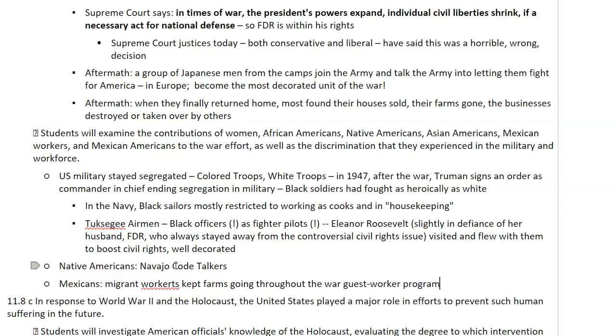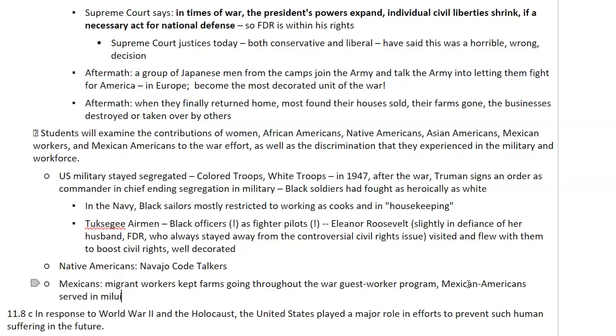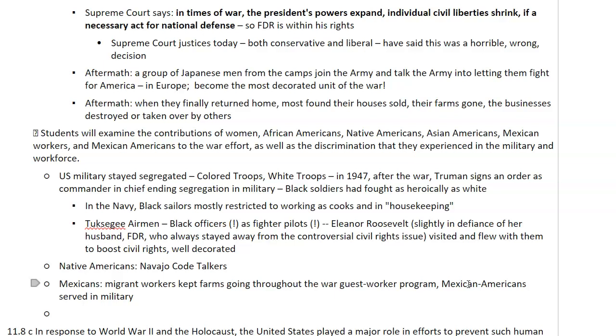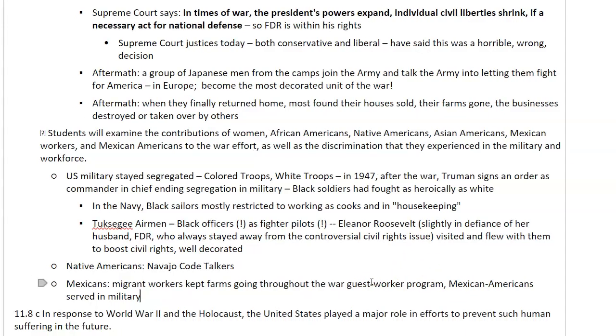So the United States actually encouraged Mexican immigration into the United States to keep the farms going. These guys worked, particularly in the Southwest, harvesting all that food you needed. Mexican Americans served in the military, of course, and again, rather heroically. So all of these people made their contribution. We talked about a few of them.